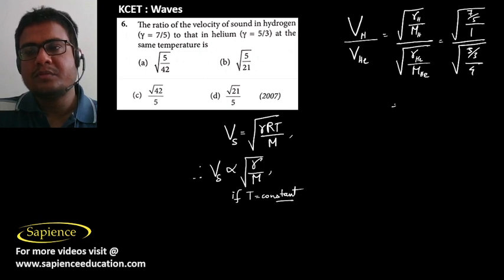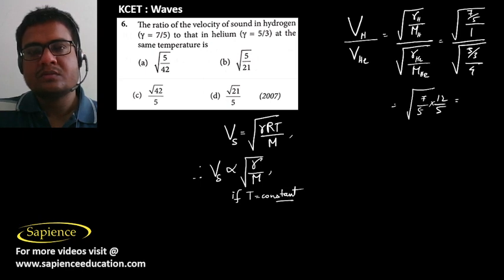This will come, that is root over 7 by 5 into 12 by 5... So this will be 12 sevenths.